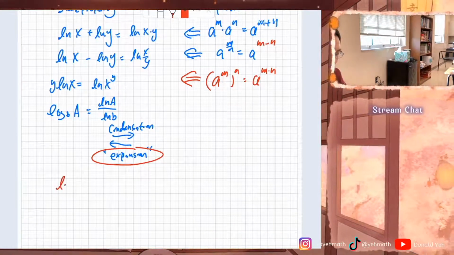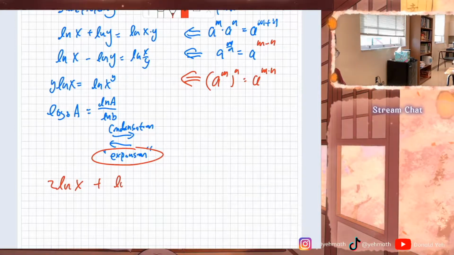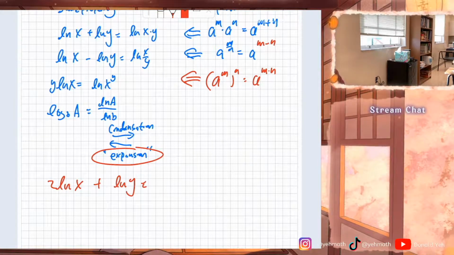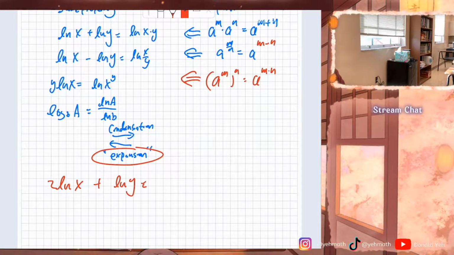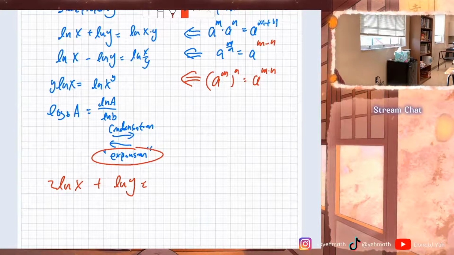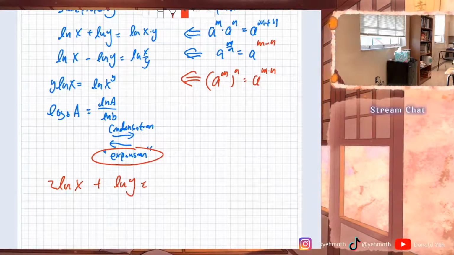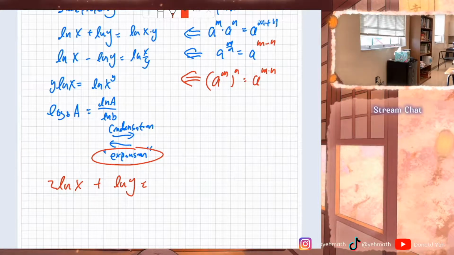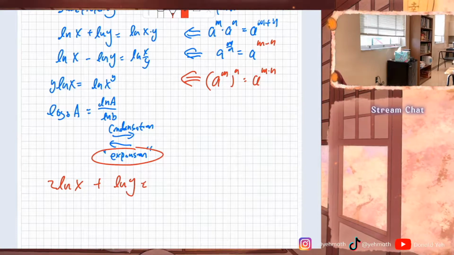So what happens if you have natural log of x squared plus natural log of y? Can I write it as one natural log? That's called condensation. How do I condense this to one log with no coefficient in the front?